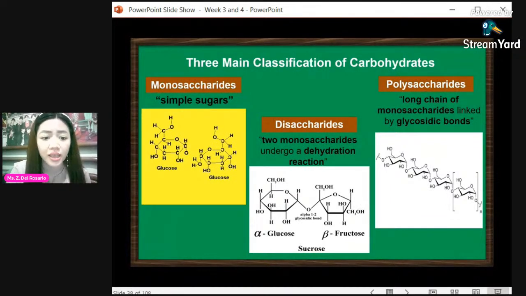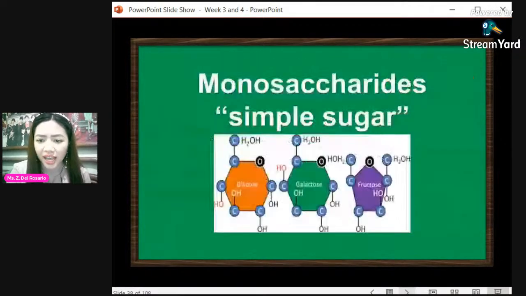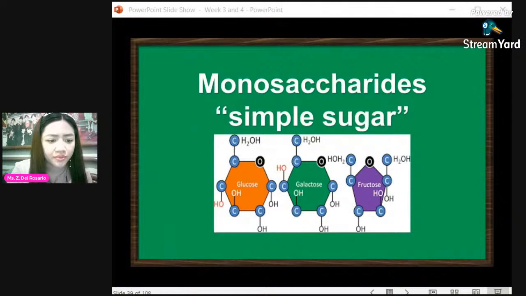Poly, which means many. And this could be either a branched polysaccharide or unbranched polysaccharide. Let us get to know more of these saccharides, beginning with monosaccharides, or the so-called simple sugar.